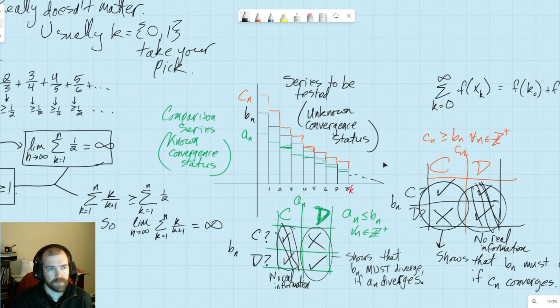All right, so the way I can explain this, I usually use my hands for this. So if you have a C sub n, which is out here and diverging, it's not really doing anything to B sub n, which is going to be down here the whole time.